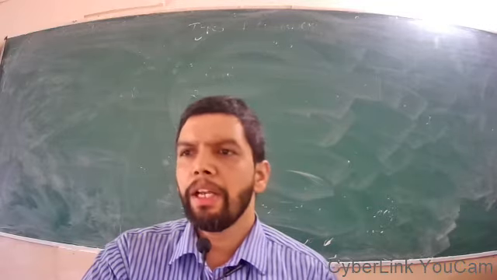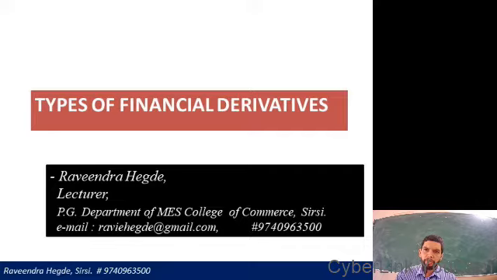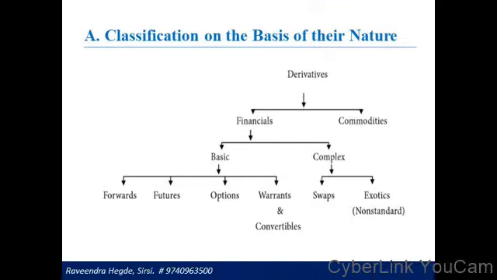Friends, today let us understand how the financial derivatives can be classified. Today let us understand in detail the types of financial derivatives. Just look at the screen. The derivatives can be classified as financial derivatives and commodity derivatives.